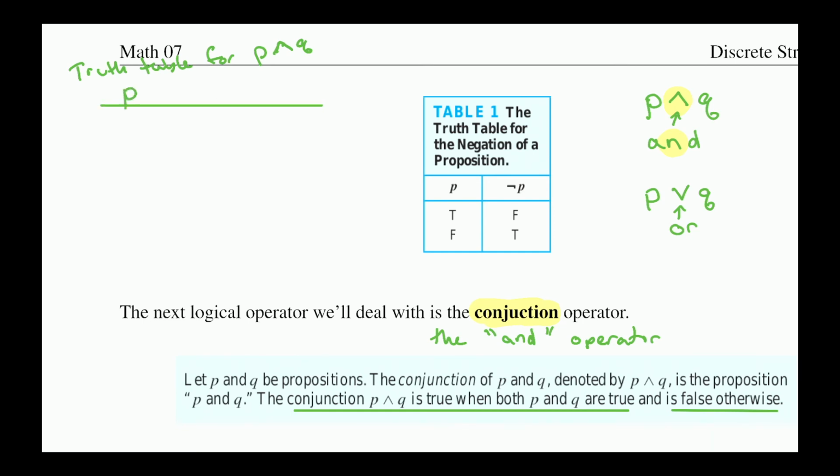You put a P, you put a Q, right? Because we know we have a P, we have a Q, and then after we have a P and a Q, then we're going to have the P and Q, like that.